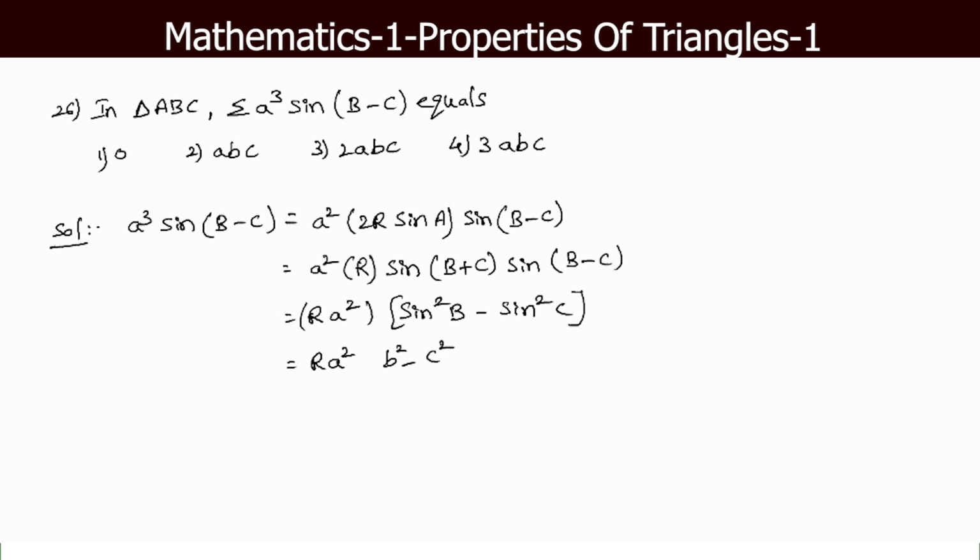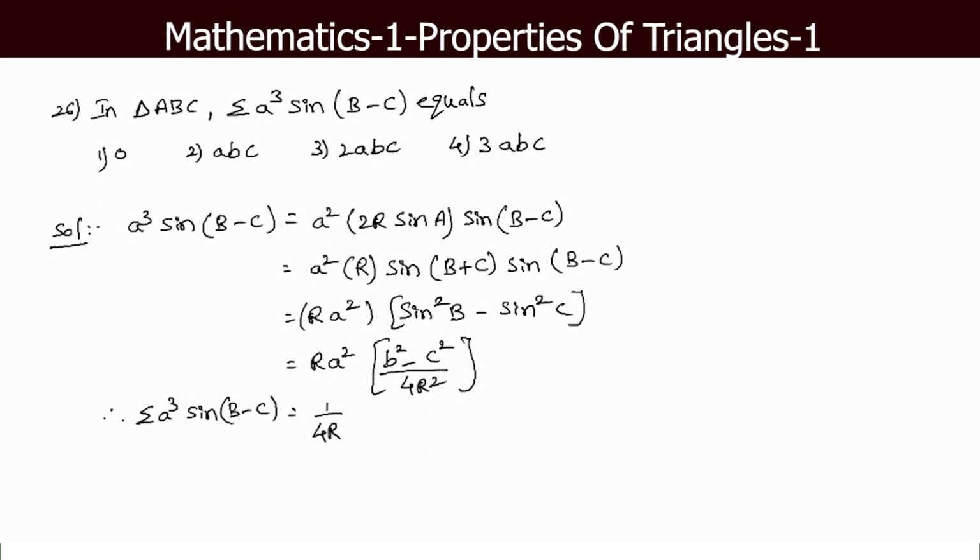So here what you have to do, you simplify first a cubed sin(B minus C). For a cubed sin(B minus C), what we did is, for one a we replaced by 2R sin A, and sin A we replaced by sin(B plus C). If you simplify it, you will get a cubed sin(B minus C) is capital R into a squared into (b squared minus c squared) by 4R squared.